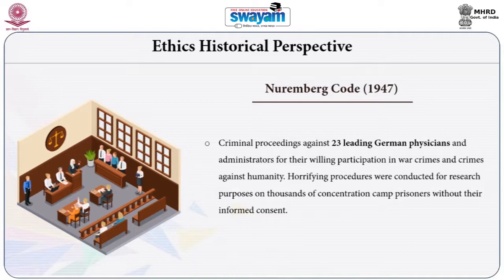The Nuremberg Code of 1947 is one such example, wherein criminal proceedings against 23 leading German physicians and administrators were conducted for their willing participation in war crimes and crimes against humanity. Horrifying procedures were conducted for research purposes on thousands of concentration camp prisoners without their informed consent.